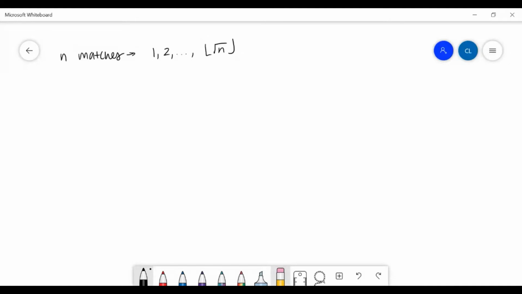Okay, so let's say that at the beginning there's m² matches. Then the player can draw up to m matches, so it will become m² minus 1 to m² minus m.